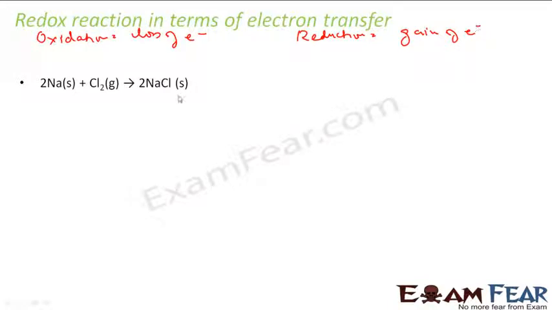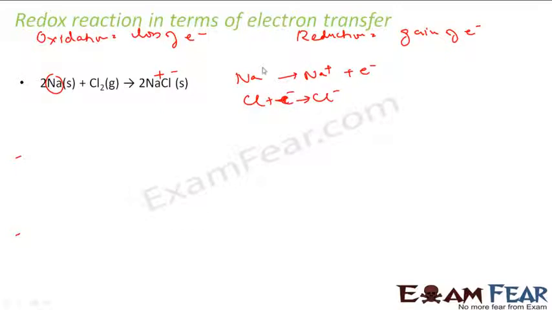So let's take this example. In this case, my sodium became what? Na+, because NaCl is nothing but Na+ Cl-, and chlorine became Cl-. So if you see, this guy gave electron and this guy took one electron.